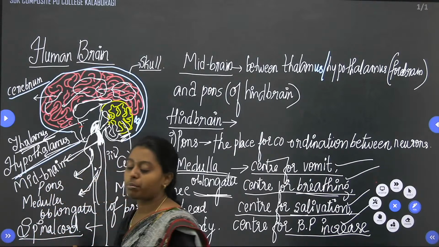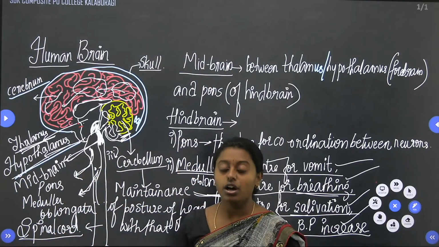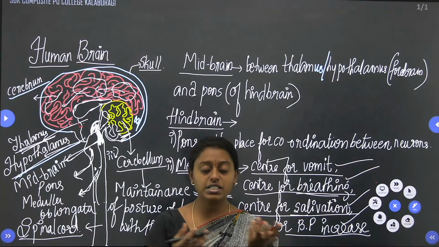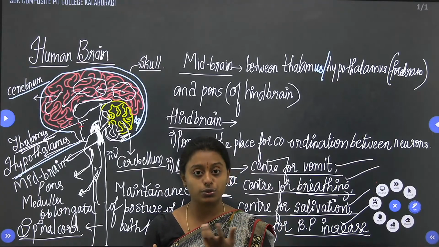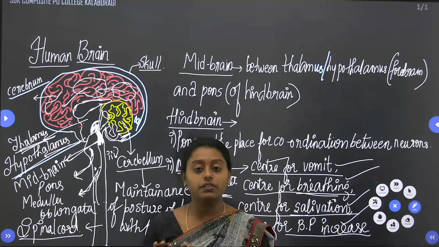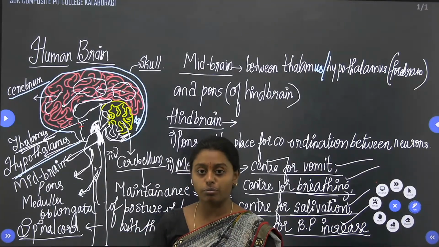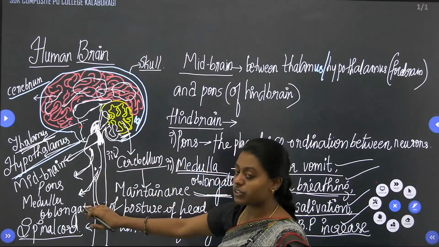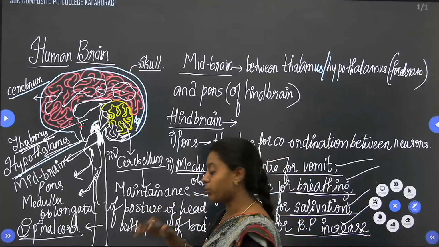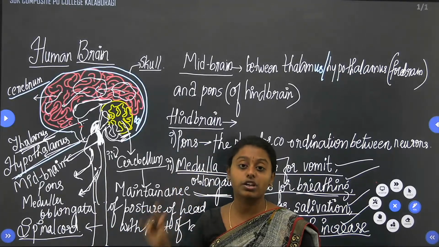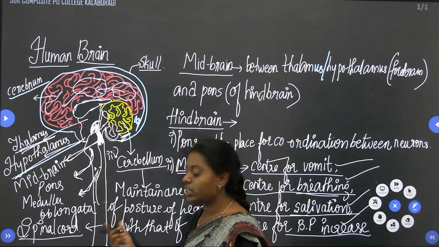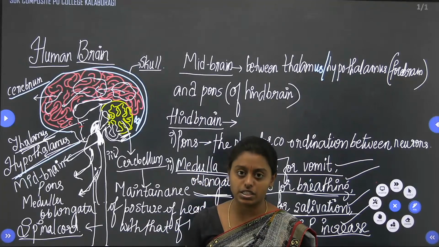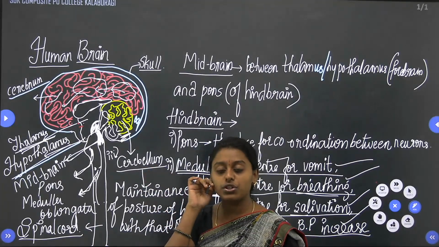We have seen yesterday how the reflex action takes place by the receiving of the stimulus through the sensory neuron, connected by the relay neuron in the spinal cord, because the spinal cord is the actual site where neurons from all the parts of the body get connected to form the reflex arc. So the spinal cord helps in all such functions. Spinal cord refers to a group of nerve tracts.